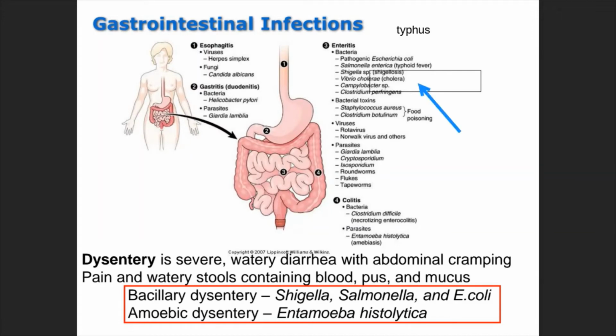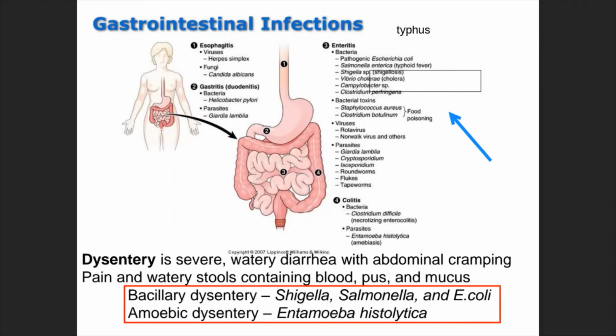Okay. Remember we talked about rickettsia as a cellular bacteria transmitted by ticks. It causes typhus. Yeah, rickettsia.